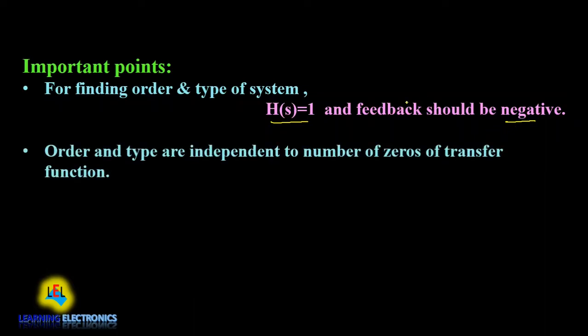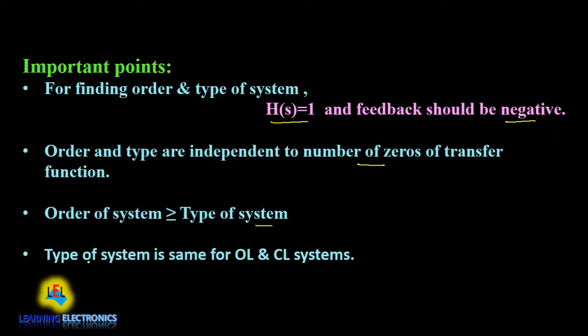Second, order and type of the system are independent of the number of zeros of the transfer function. Third, the order of the system should always be greater than or equal to the type of system. Last, the type of system is the same for open loop and closed loop systems, as it is defined only for open loop transfer functions.